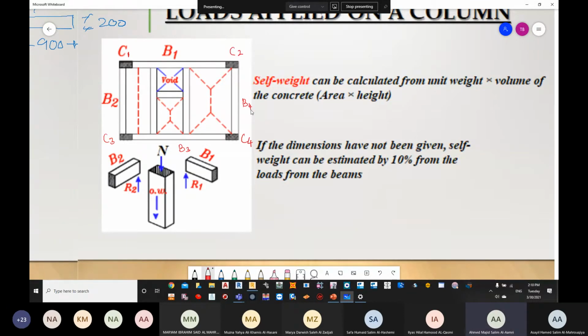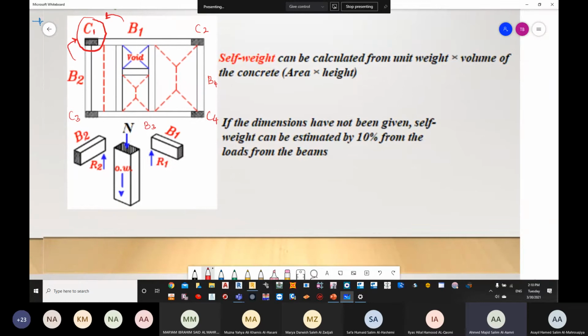Now if we are talking about C1, C1 is going to take the loads from which elements exactly? C1 is going to take the loads from which beams? C1 is going to take the loads from B1 and from B2 as well. How much of the load is going to be taken from both of these beams?